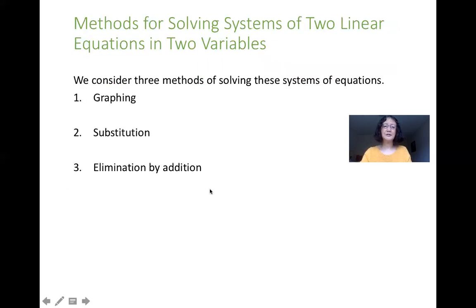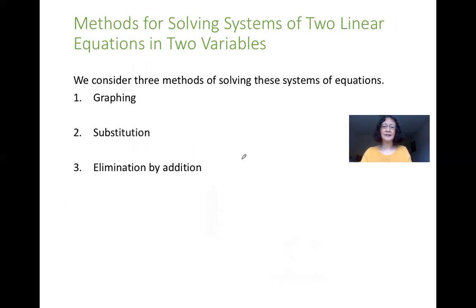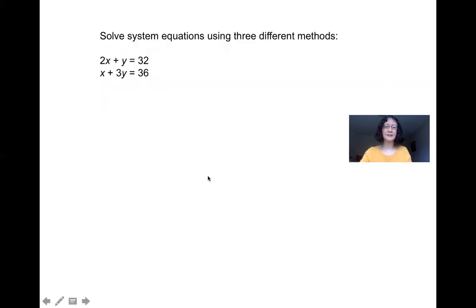There are 3 different methods for solving systems of equations. One is graphing, the other is substitution, and the last one is elimination by addition. So let's solve this example using the 3 different methods.